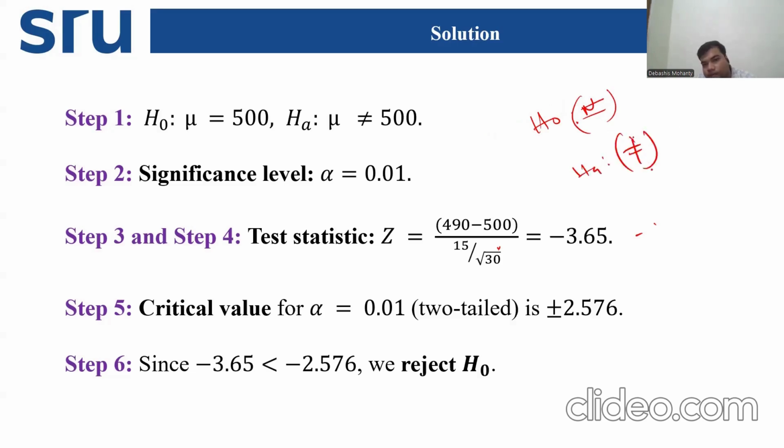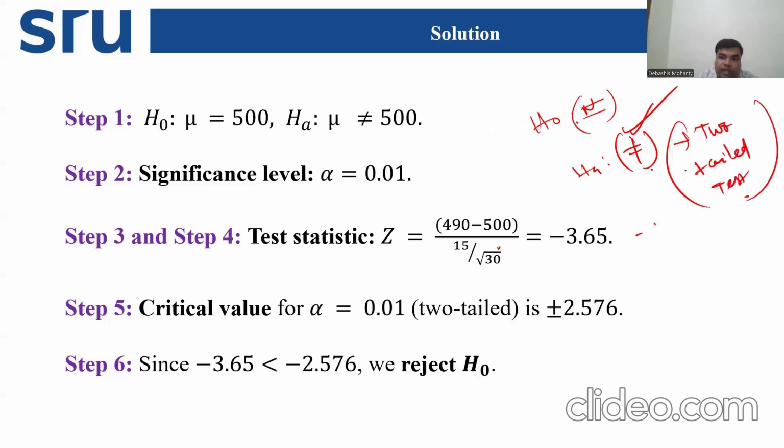In the case of both equal and not equal, we have to apply a two-tail test. The Z value we are getting is minus 3.65.